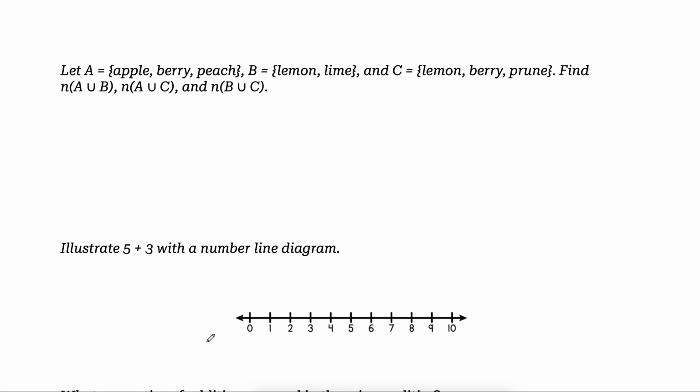It says, find the number of elements in A union with B. So when we union A and B, we're going to have apple, berry, peach, lemon, lime. So we're going to have a total of 5 things. So the number of elements in A union B is going to be 5.